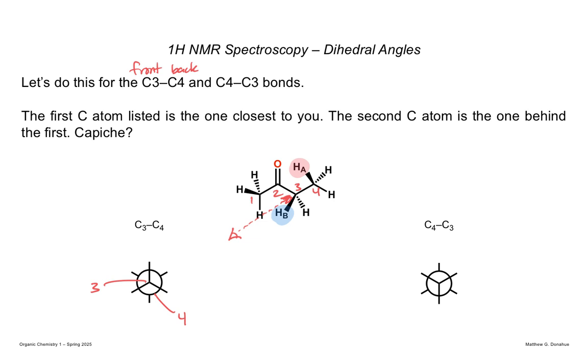So maybe let me do it. Make sure I get my performance here correct. So if this is HB, and this is the other H, so HB is towards you here, HA. If we want to look down 3 to 4, what I'm going to do is rotate this way. So see where HB ends up, and then this H, and my dome is the carbonyl group.